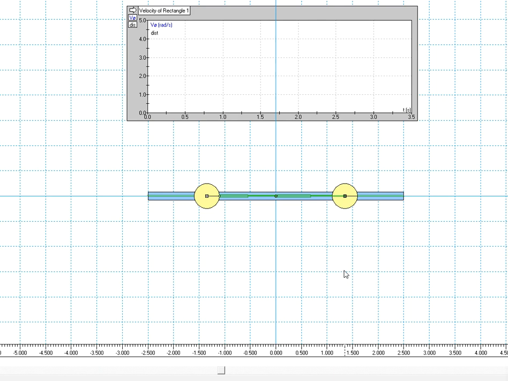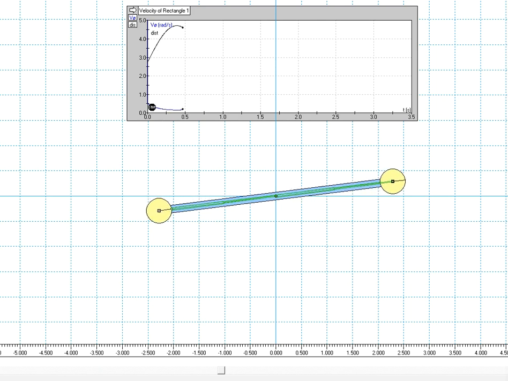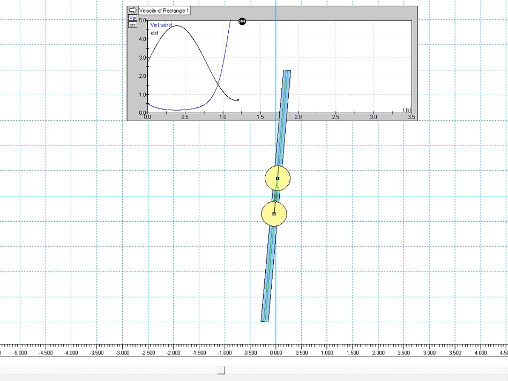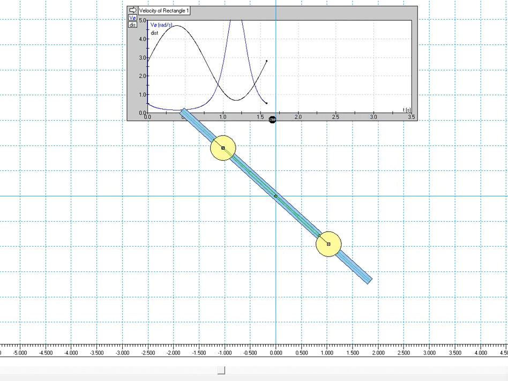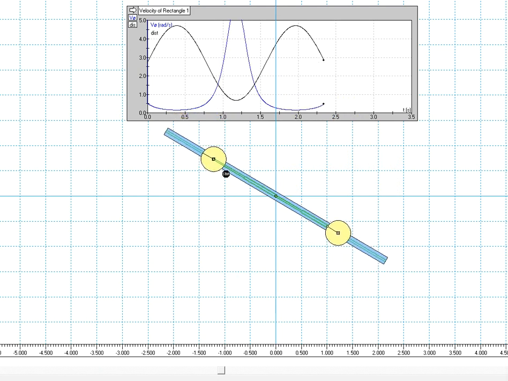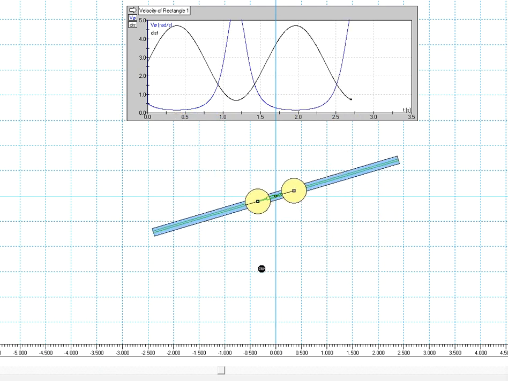Maybe you're on an office chair and you can start a rotation and then spread your legs and bring them closer to your body to see the effect. So let me hit run. One plot shows the angular velocity of the system, and the other shows the distance between the two yellow discs.